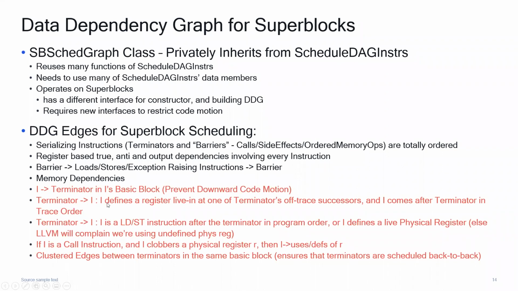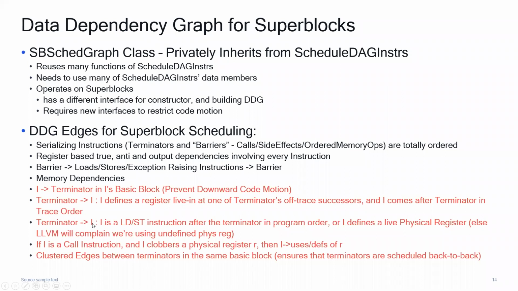We also add an edge from a branch to an instruction if that instruction defines a register that is live in at one of the terminators' trace successors. This is to prevent movement of instructions above a side exit when the instruction defines a value that is live in at the side exit. Similarly, to ensure that loads and stores are not moved across branches, we insert edges from branches to a load or store.